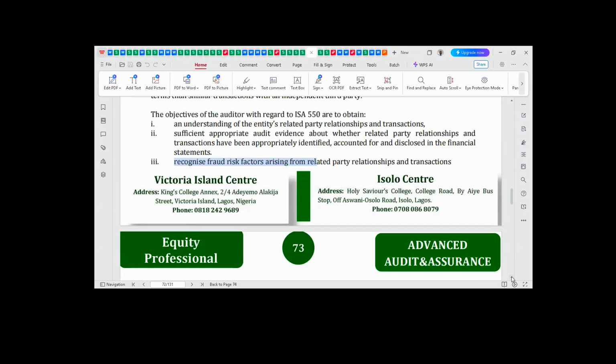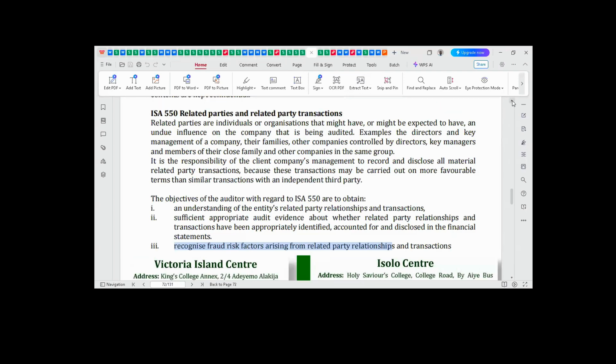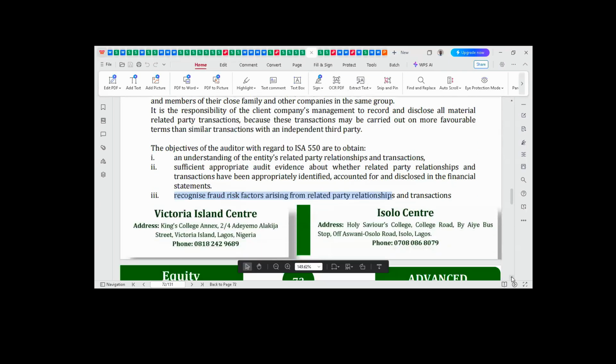What page are you trying? Page 73. Is that the place I highlighted? Oh, no, sir. You need to still go up. Okay, hold on. Let me show. Which side? Okay, let me find. I want to be clear on what you are saying.